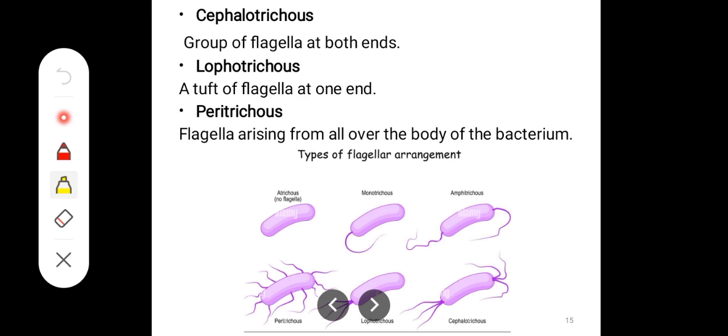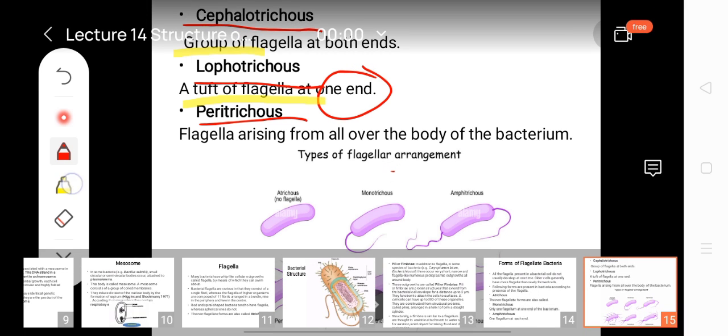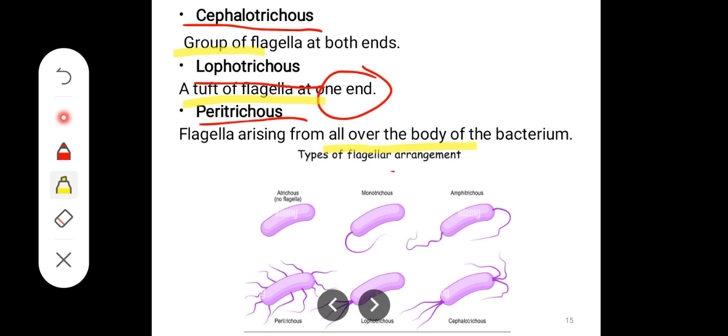The others are cephalotrichous, lophotrichous, and peritrichous. Lophotrichous means a tuft of flagella at one end, and peritrichous means flagella all over the body. You can see in this diagram: atrichous, monotrichous, amphitrichous, peritrichous, lophotrichous, and cephalotrichous.